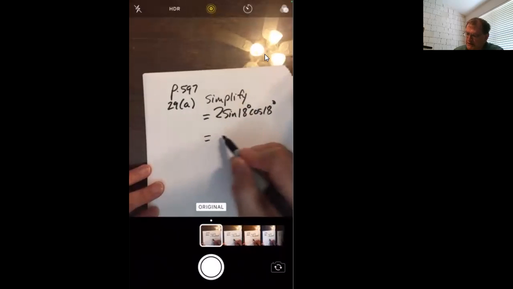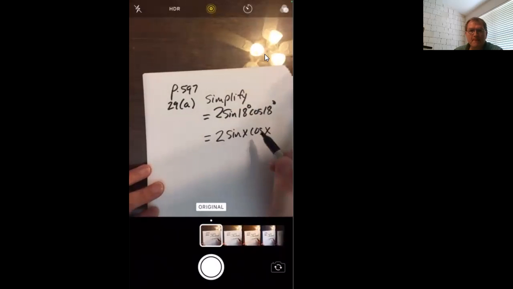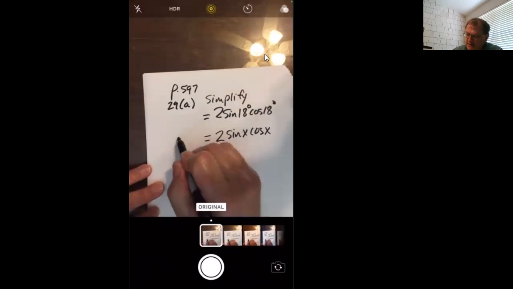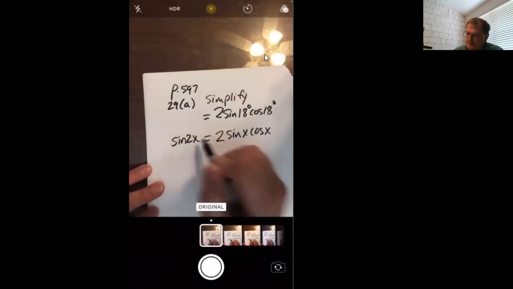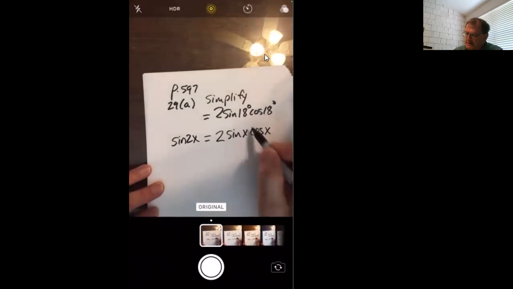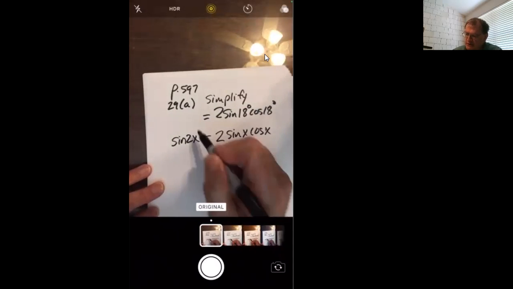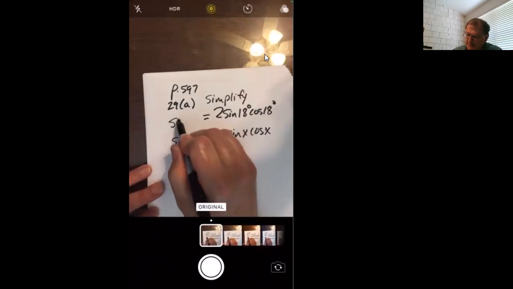If you notice, that matches twice sine of x, cosine of x. Well, that would have to be sine of 2x. Well, if x is 18, 2x would be sine of 36.